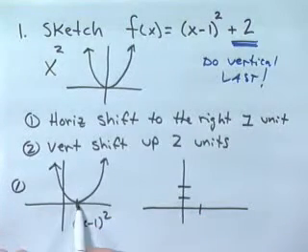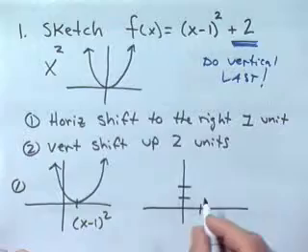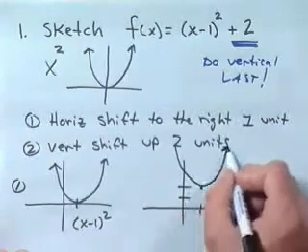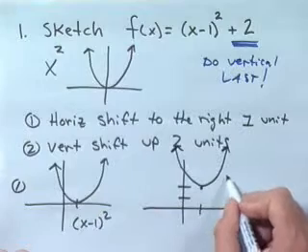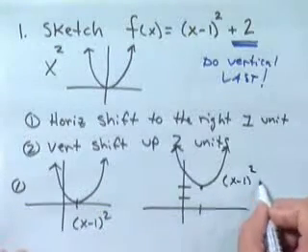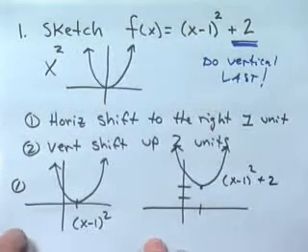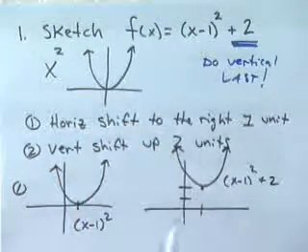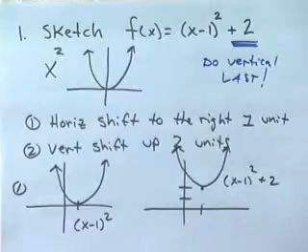And there's the function (x minus 1) squared plus 2. So it's very important that you know what the original function looks like. And then you can shift it however you want. All right, let's try one more example.